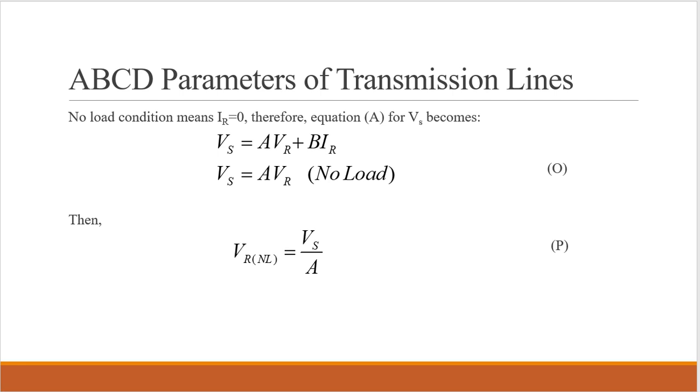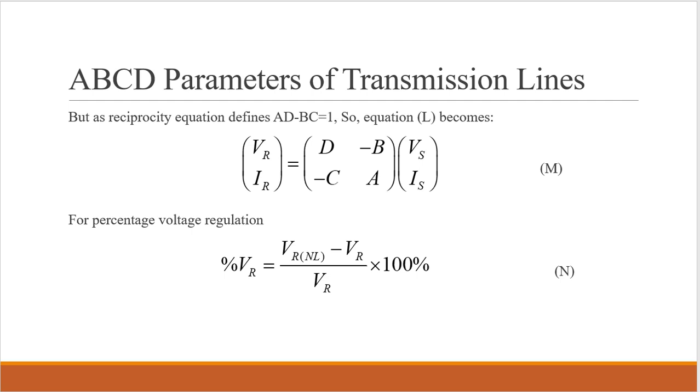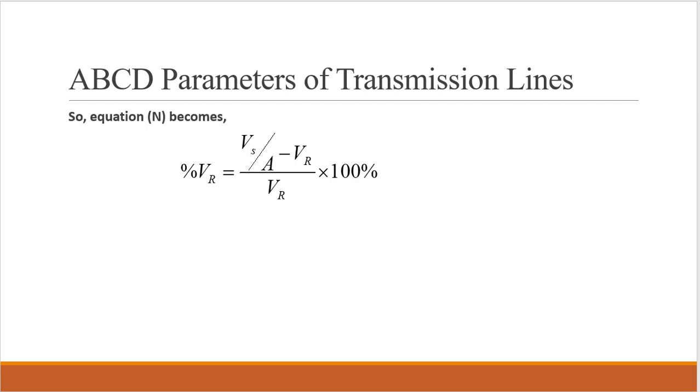So VR at no load becomes Vs divided by A, which I have obtained in equation P. Placing this in place of VR no load, we obtain Vs divided by A minus VR, divided by VR, into 100%, and this is the final equation in terms of the ABCD parameters.